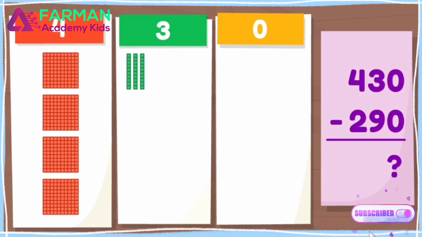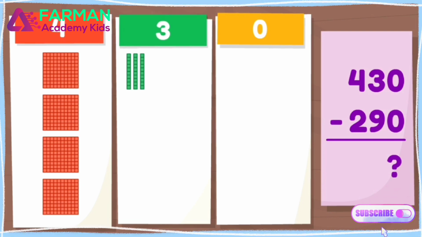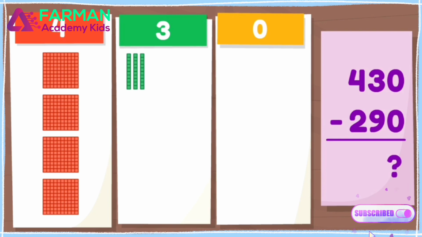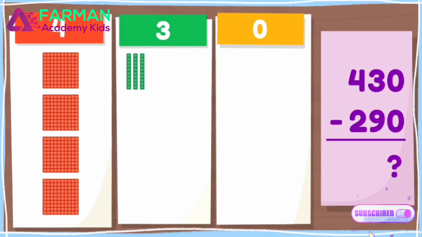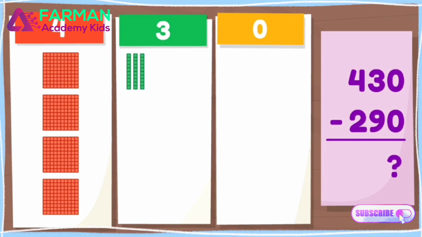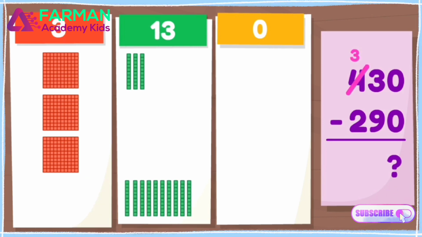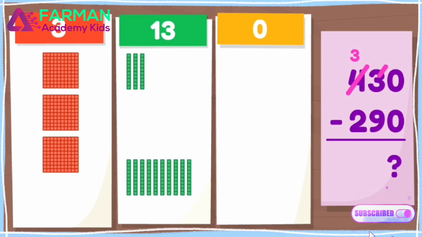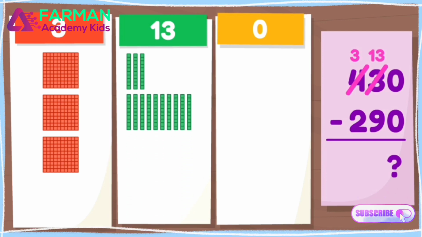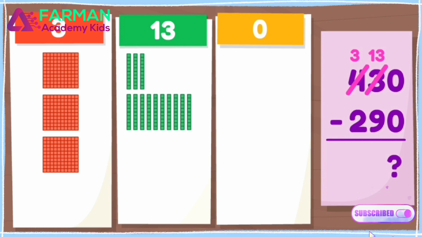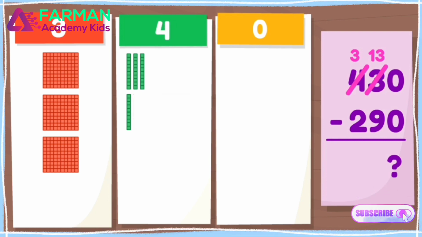First, let's take away the tens. There are 9 tens in 290. Whoops, we don't have enough rods to take away 9. Let's change a flat into 10 rods because 100 equals 10 sets of 10. Now we can take away 9 rods.